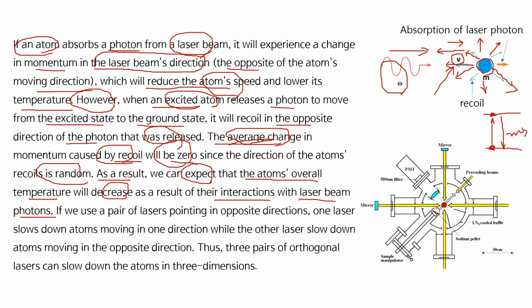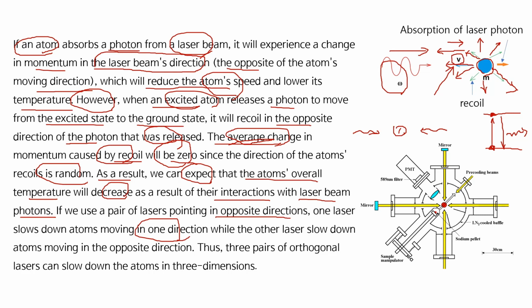So if we use a pair of lasers pointing in opposite directions, with atoms here, one laser slows down atoms moving in one direction.